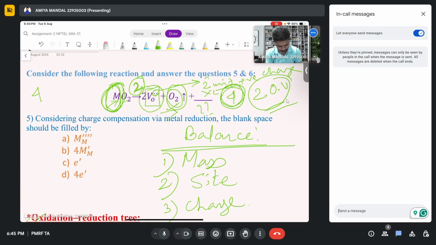So you can see that for two oxygen vacancy sites, there must be separate M sites. How many M sites will be there? 4 M sites because of 4 units positive charge. So it gives 4 M at the M site position. So 4 M at the M site position gives this answer. Okay.